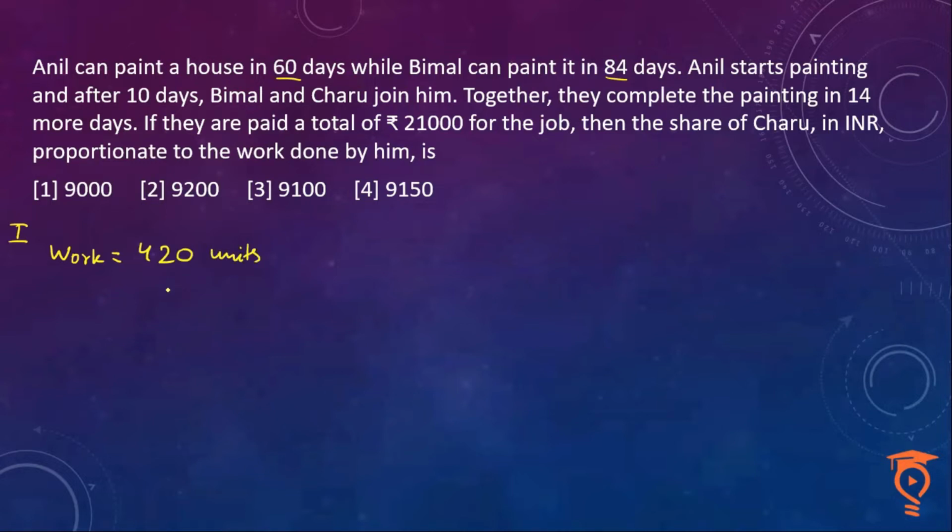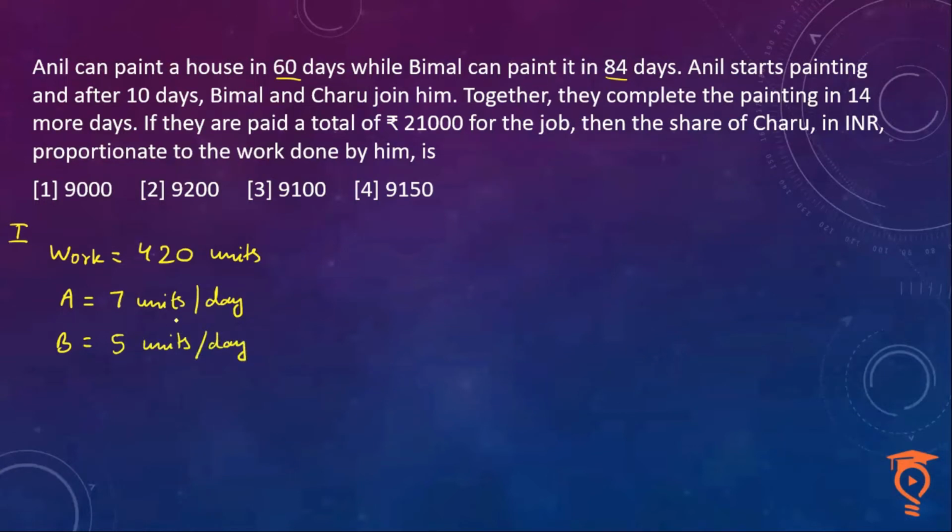So if the work is 420 units, we can get the rates of doing work by A and B at least, because A does these 420 units in 60 days. That means he must be working 7 units per day basis. B can do this work in 84 days. That means he must be working at 5 units per day basis.